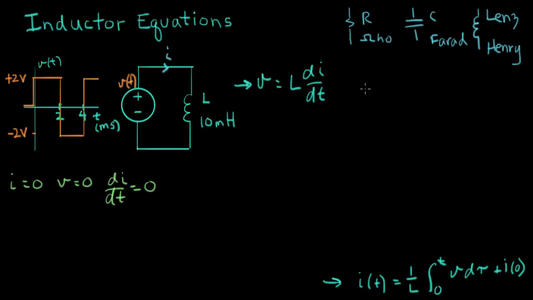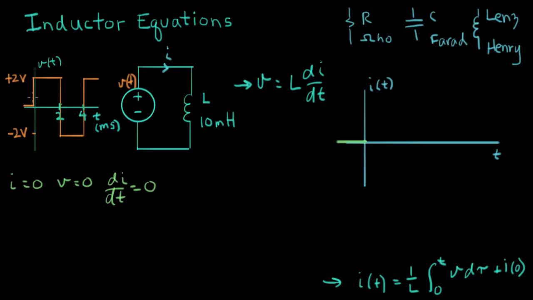Over here, I'm going to make a little time chart of what we discover. That's time, and this will be current here. So before time is 0, we can say that the current is 0. Now we've plotted in part of our curve.